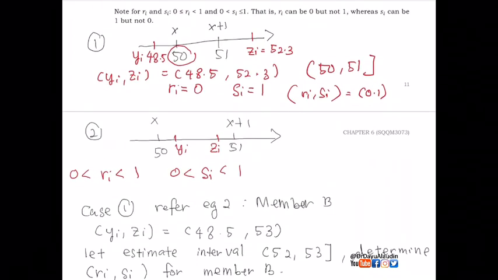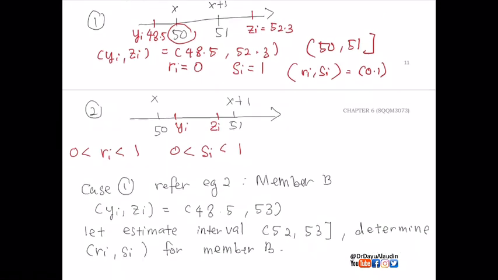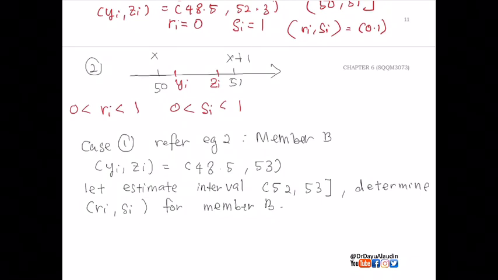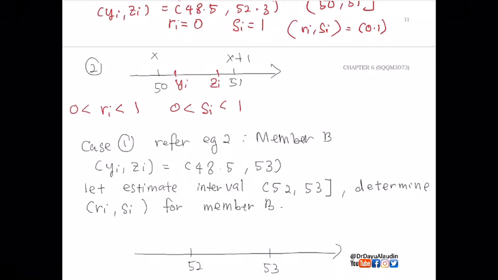Okay, if we draw the timeline, the interval estimate is 52 and 53, so the x and x plus 1.